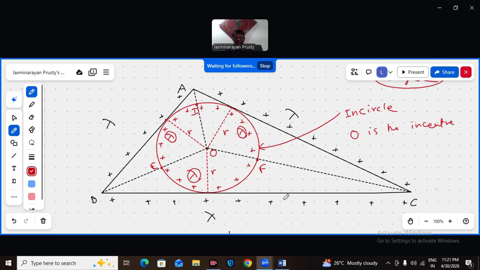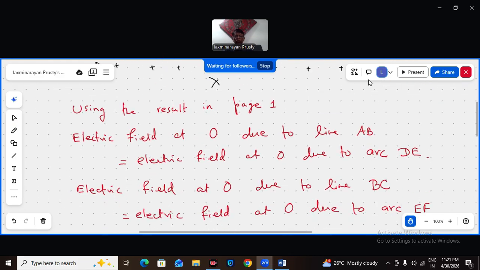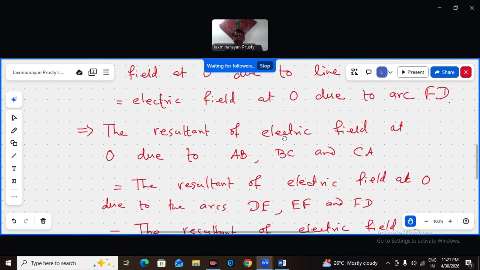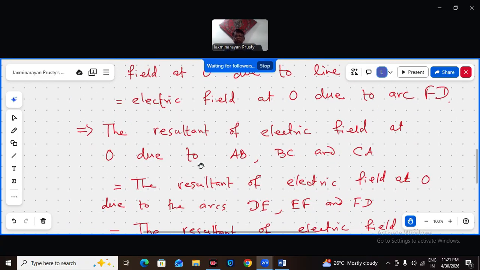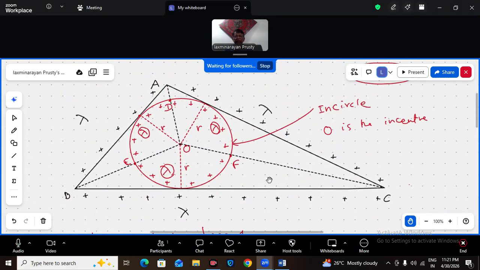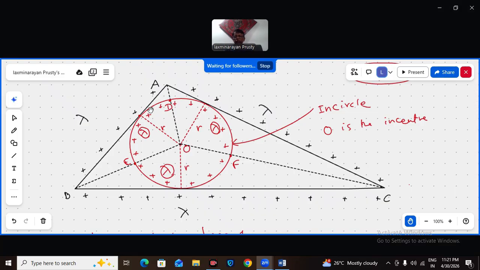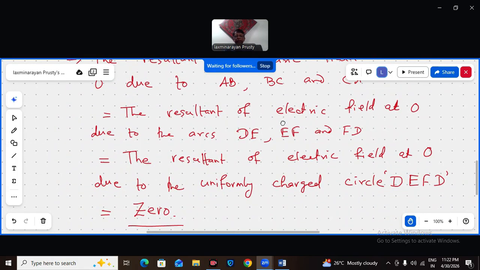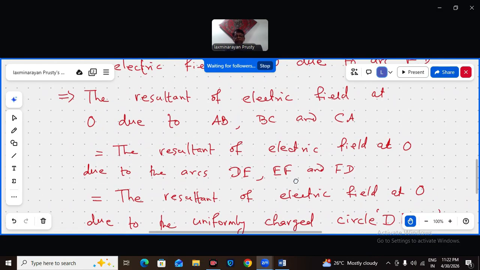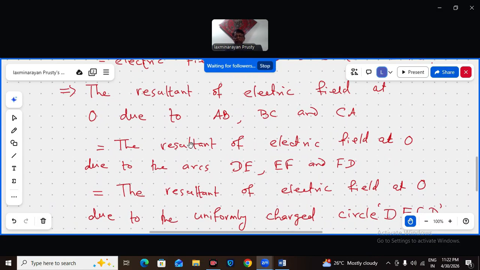All the fields are vectors. So the resultant electric field at O due to AB, BC and CA will be equal to the resultant electric field at O due to the DE arc, EF arc and FD arc. That's what I wrote.